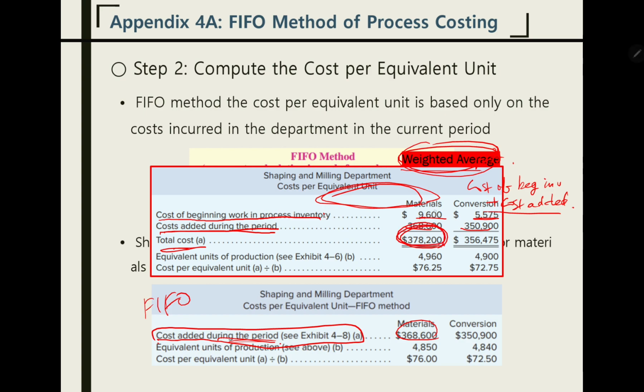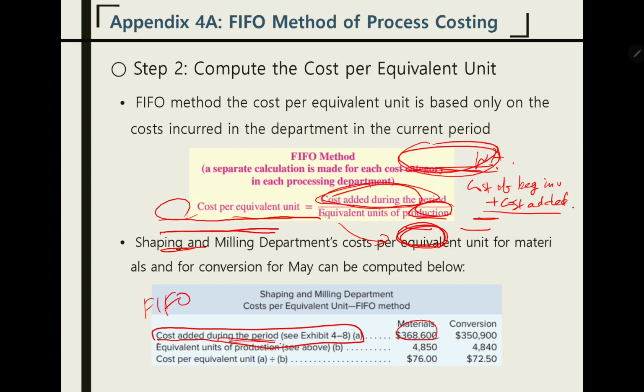So this is bigger. Why? Because under the weighted average method, the cost of beginning work in process inventory is included when determining the numerator cost. Okay, equivalent units. The denominator is equivalent units.